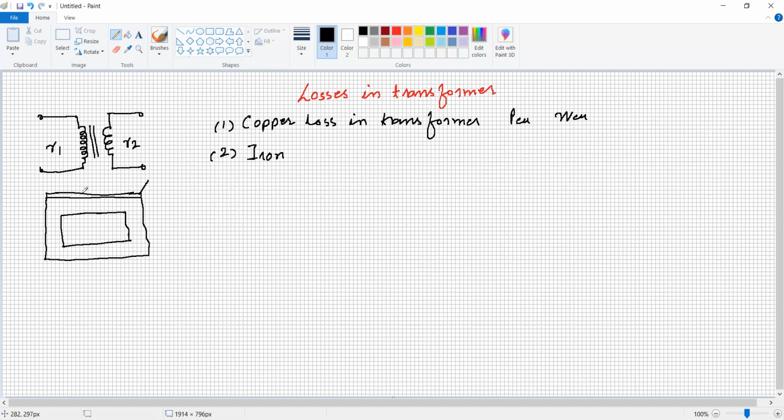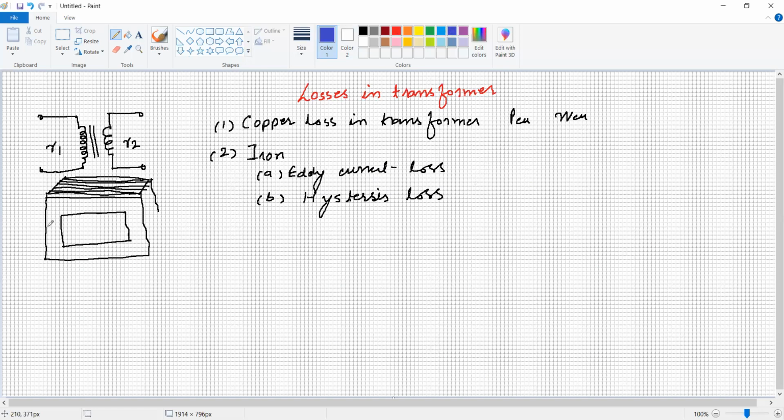The thickness of the strips affects the losses, which is called eddy current loss. So what do you mean by eddy current loss and hysteresis loss? There are two types of losses: one is the eddy current loss, and second is the hysteresis loss. First, what is the eddy current loss?